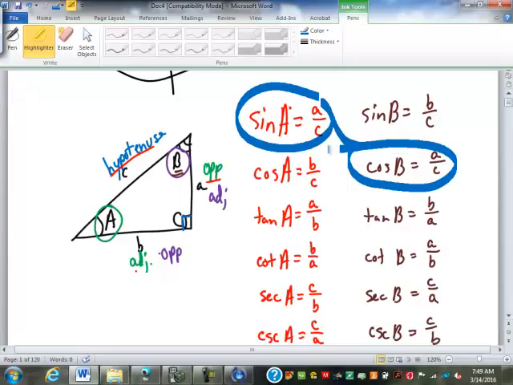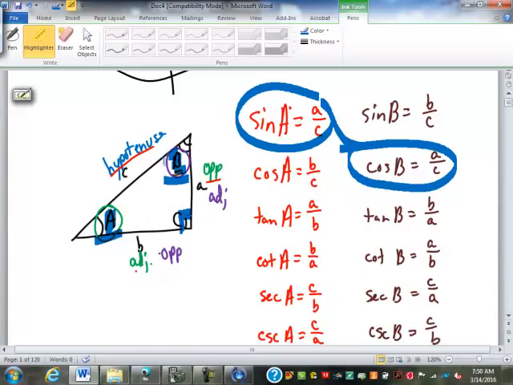Sine A and cosine of B are the same thing. Why? What's the relationship between A and B? Well, this is 90 degrees, and in a triangle, all the angles must add up to 180. So these two must add up to 90. 180 minus 90 leaves us with 90 for the other two.